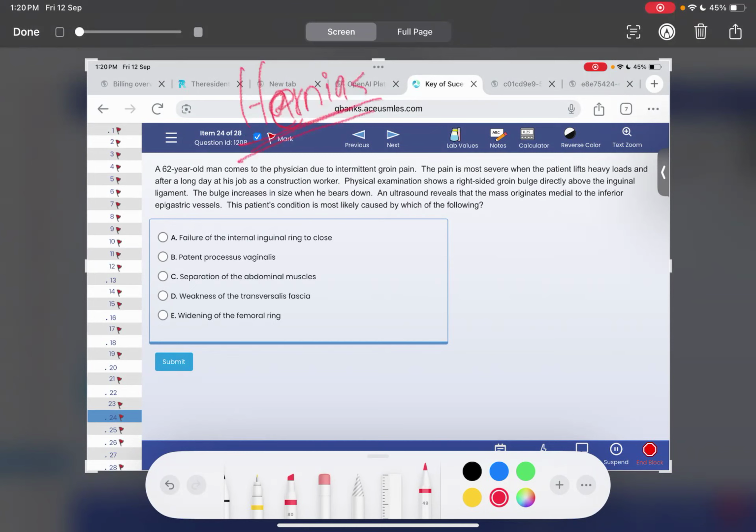Basically there are two types of hernia: indirect hernia and direct hernia. For example, this is your inguinal ligament.